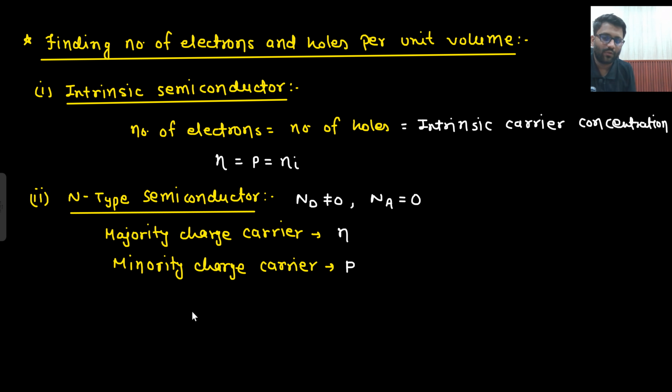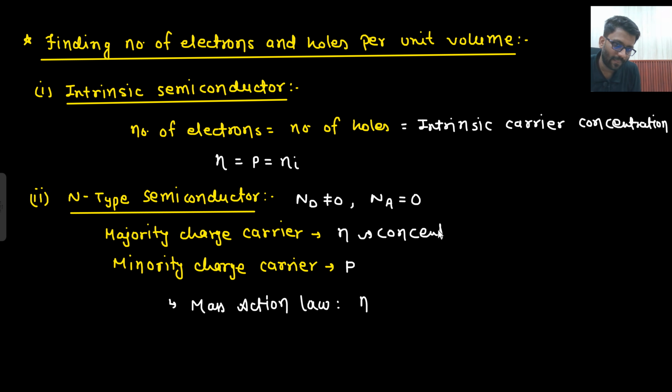So there are two kinds of law. The first law is the mass action law. The mass action law says that at equilibrium, the number of electrons, which I am representing by N, is the concentration of electrons, and P is the concentration of holes.